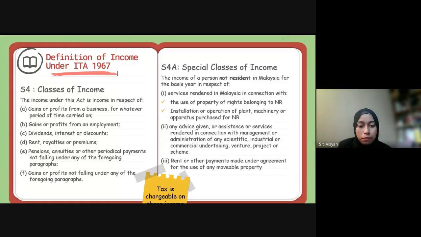Second, the amount paid as consideration for any advice given or assistance or service in connection with the management or administration of any scientific, industrial or commercial undertaking, venture, project or scheme. And the last is rental or other payment for the use of any movable property made under an agreement, such as food trucks, vehicles like lorries, aeroplanes and boats. All these kinds of income are subject to tax, as Section 4A imposes withholding tax on non-residents. Okay, next.